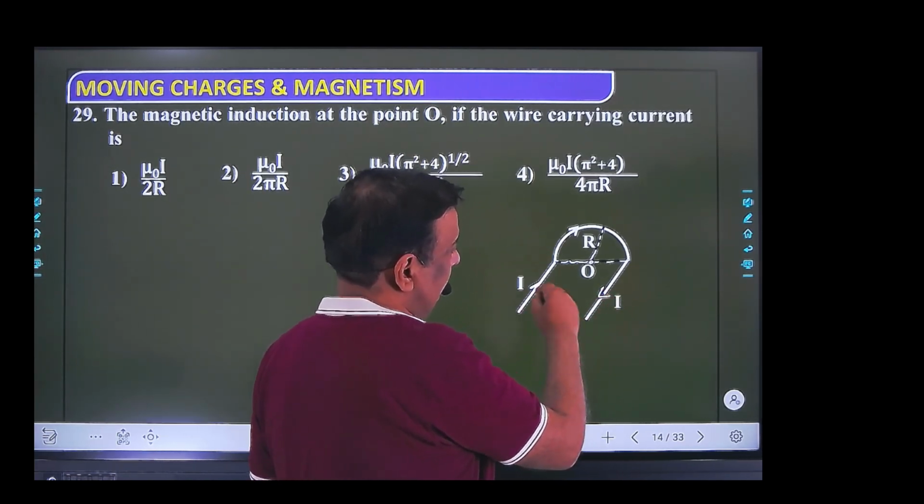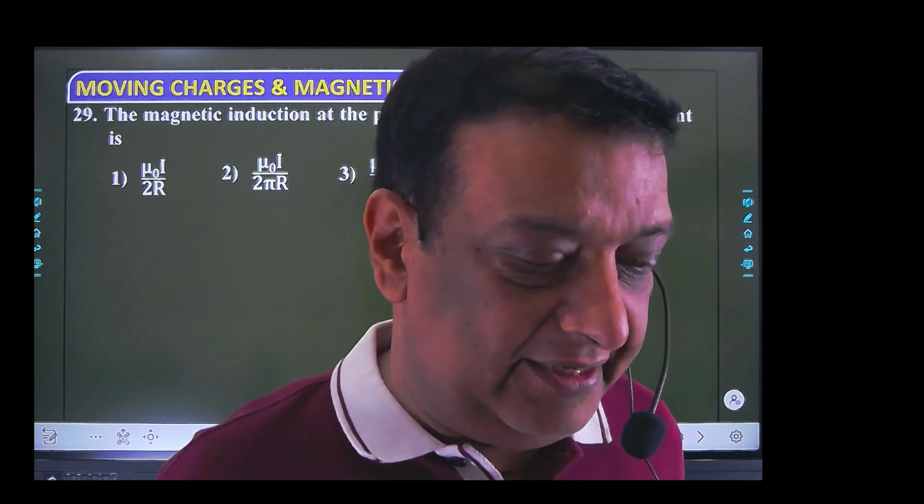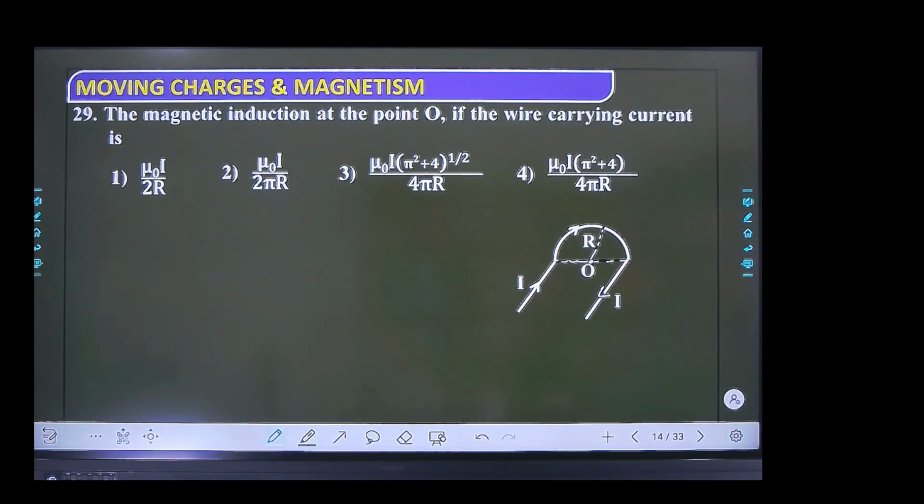Current ऐसे flow कर रही है। Find magnetic induction at point O. तो कितना आएगा? क्या वैल्यू आई? At point O.